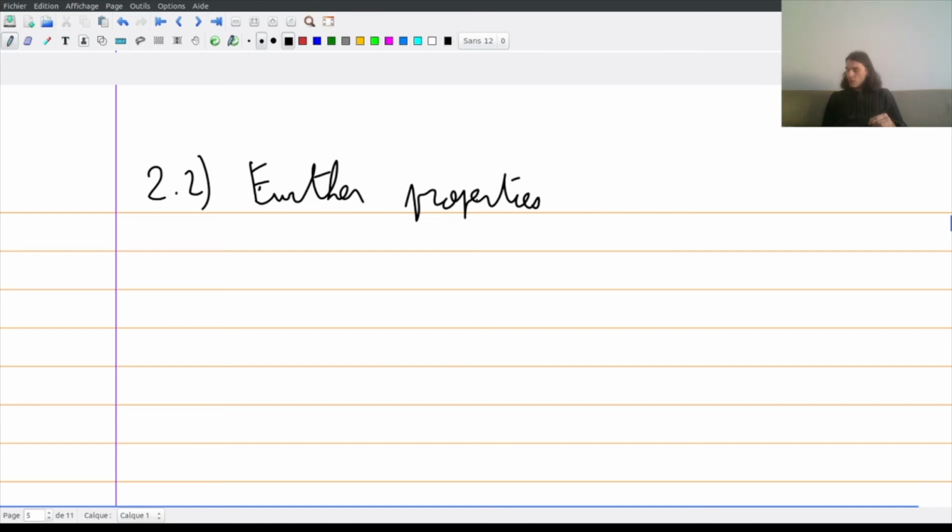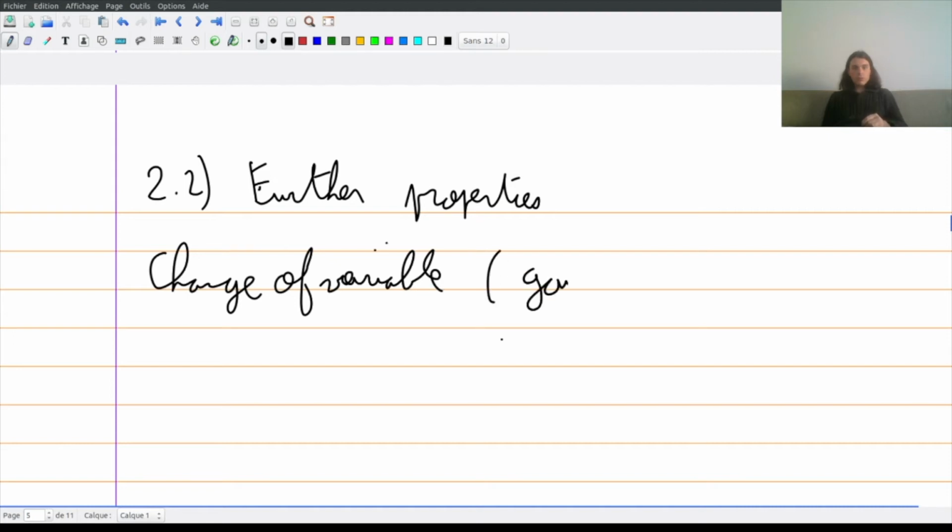So I will not make many proofs in that section, but I will state some useful facts. So the first one is the change of variable, or we say a gauge transformation.